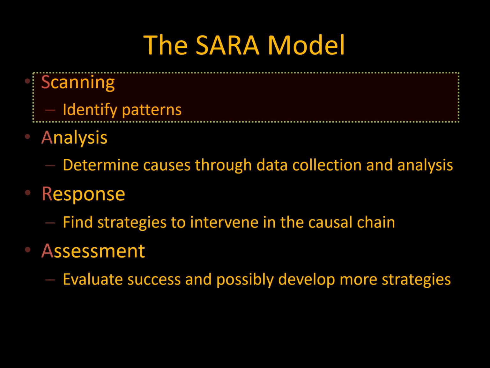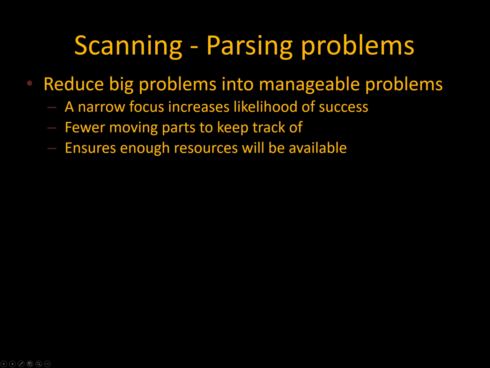What we do during the scanning phase of problem-oriented policing is, first of all, to reduce our big problems into more manageable problems. So what do I mean by that? If we think about violent crime as a whole, and we are just entering the SARA process saying we want to reduce violent crime, it's probably unlikely we're going to be able to have an impact on every single violent crime.